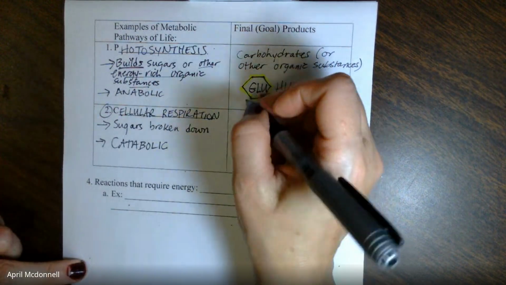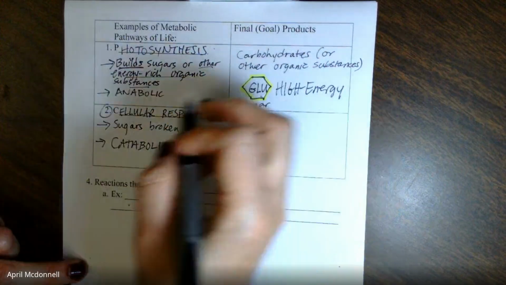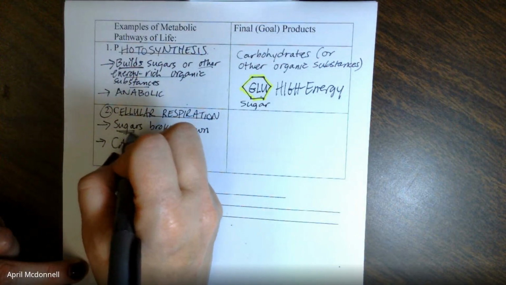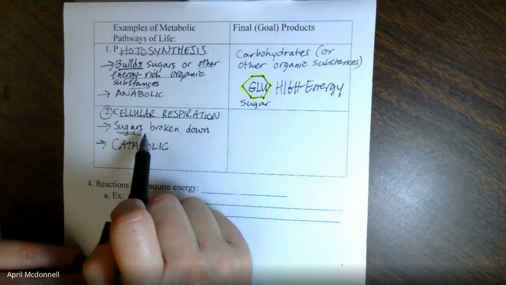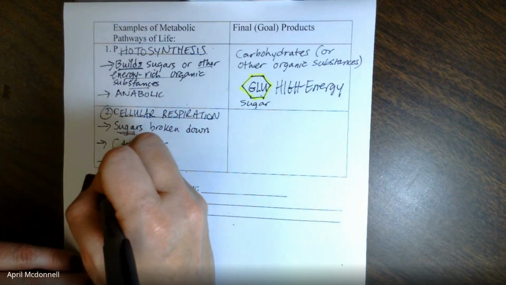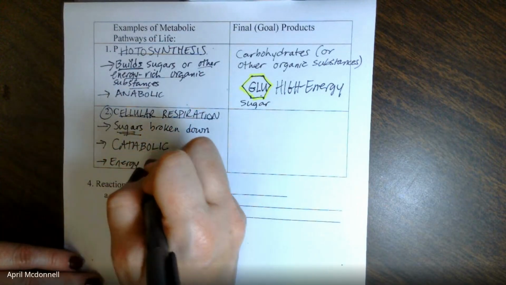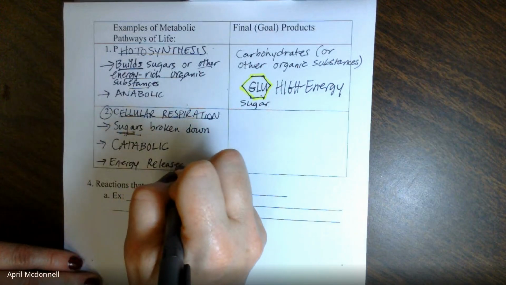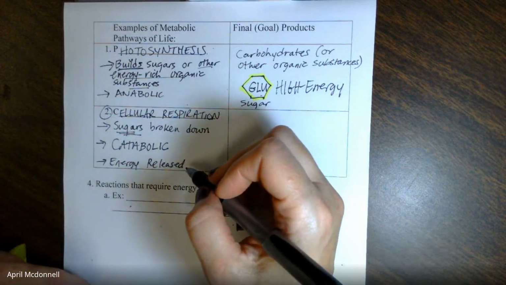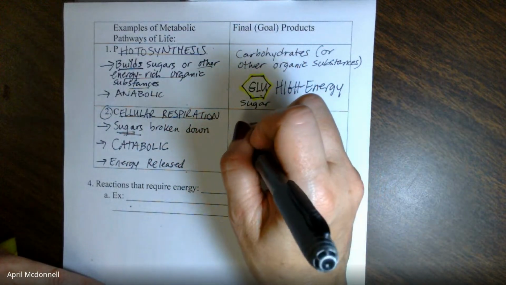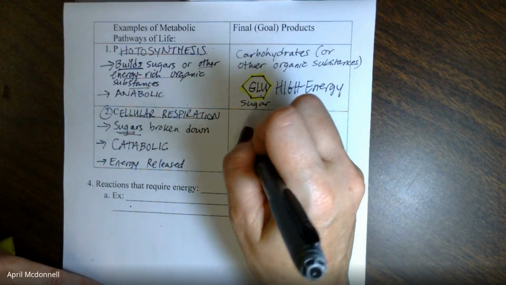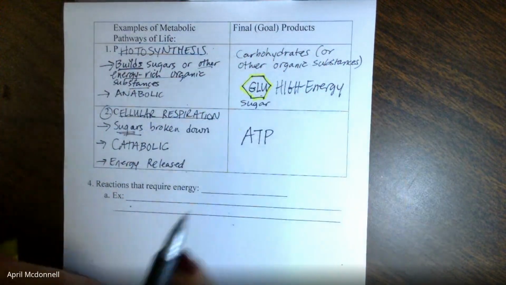So remember that glucose is a type of sugar, and sugars have a lot of energy. The energy is going to be released during the cell respiration reactions. Okay, that energy will be used to build a molecule called ATP, which is the final goal product of cell respiration.